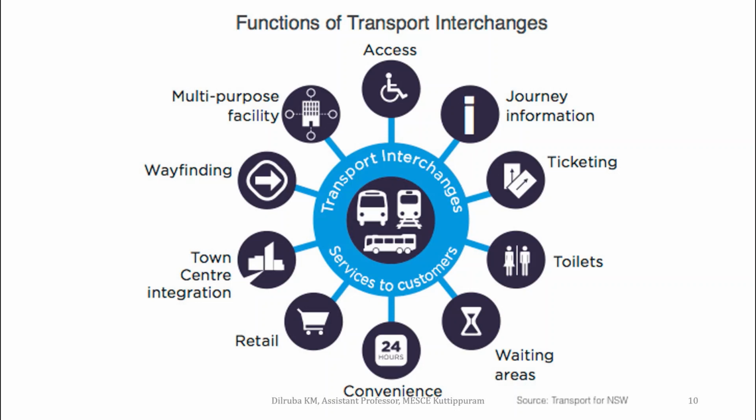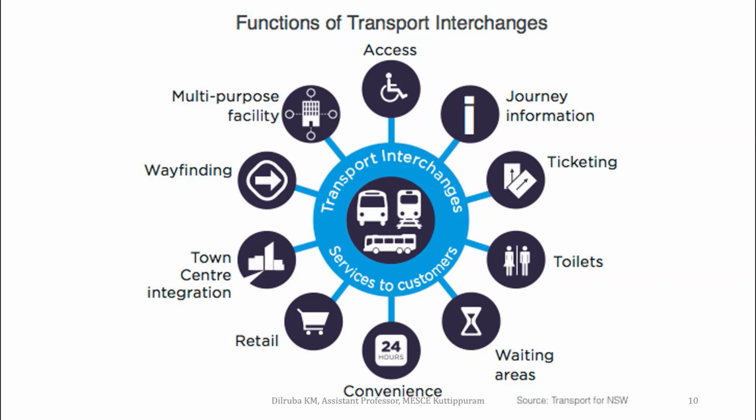If it's near the town center, it is like integration with the town center also. So when we use a transportation mode, if we want to purchase something from town, it will be very useful for us.